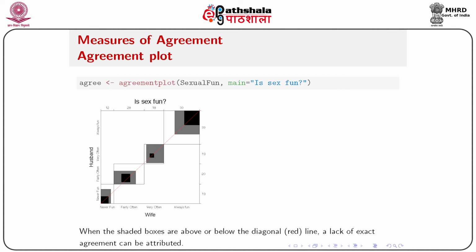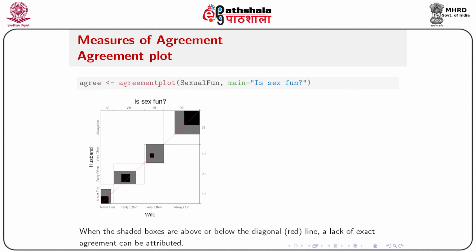And then you will see that when the shaded boxes are above and below the diagonal red line that is displayed, it is actually indicating a lack of exact agreement. So if you see the always fun, both husband and wife are telling it is always fun, because it's completely on the middle line.